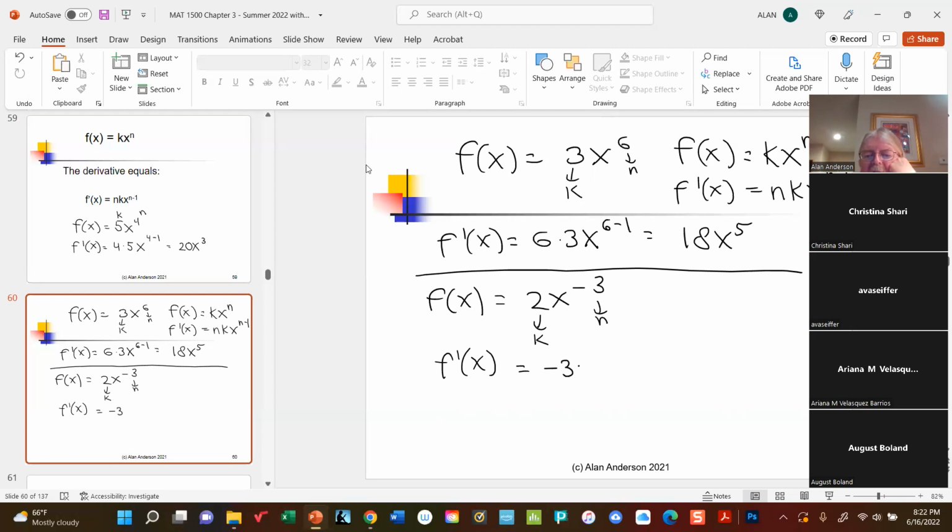The coefficient k stays the same. But now we're subtracting 1 from this exponent. It's actually now minus 3 minus 1. And so you're going to wind up with minus 6x to the minus 4 power. So the negatives can make it a little bit more confusing, but the rule really hasn't changed. Nothing is different. You're taking the exponent, multiplying that by the entire expression, and then you're adjusting the exponent.